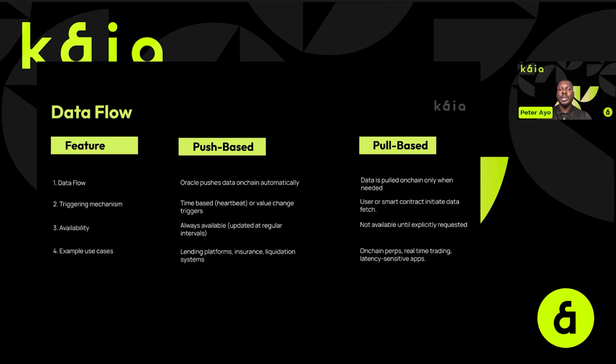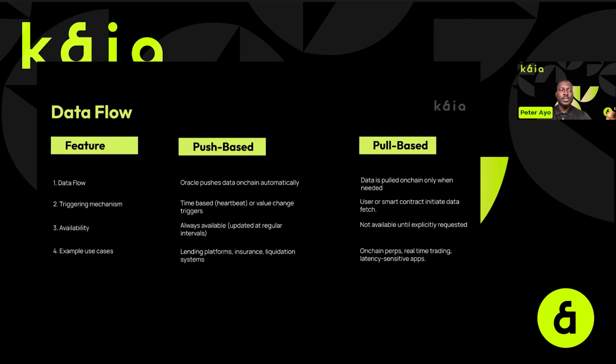Now, when we say an oracle is push-based, it means that it basically reports oracle data on-chain at a predefined cadence, right? In this case, it pushes data on-chain depending on a particular heartbeat rate or deviation percentage.